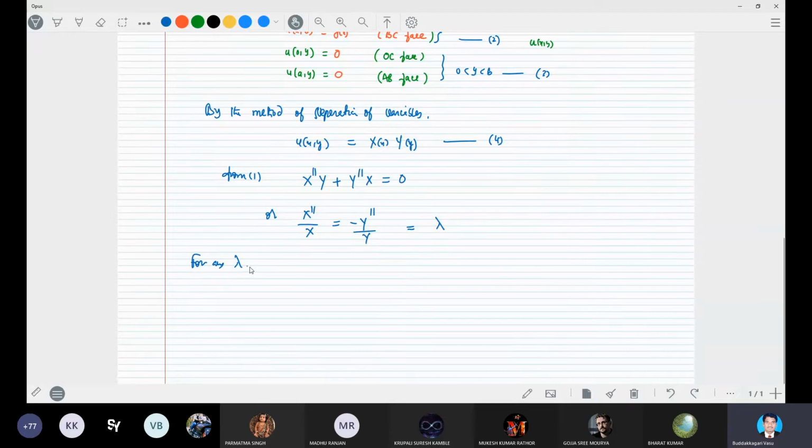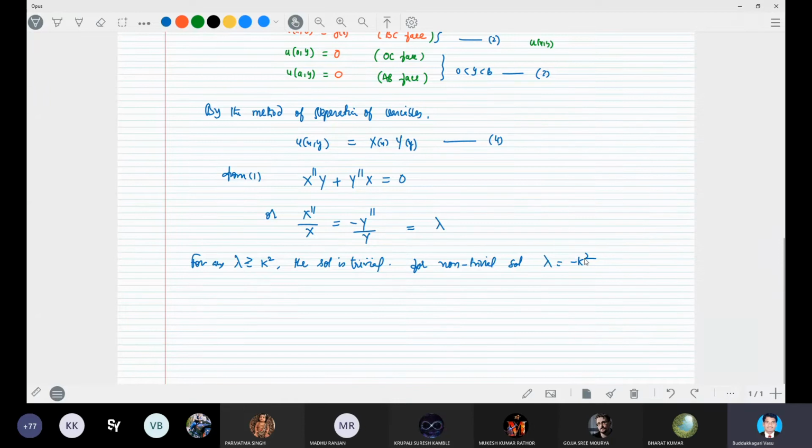For lambda greater than or equal to k square, the solution is trivial. For a non-trivial solution, lambda equals minus k square, that means a negative constant.